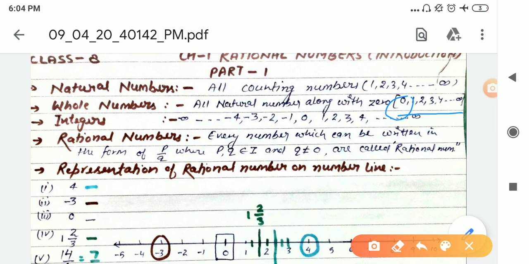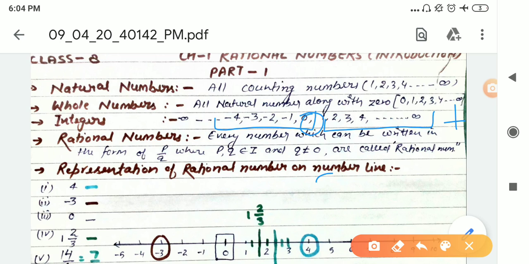You have also learned about integers, so I will quickly recall them. There are three types of integers. First, positive integers; second, negative integers; and third, the zero integer.